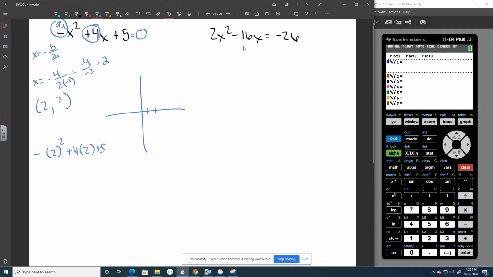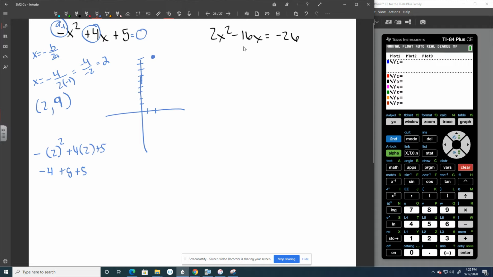So that gives me 2 squared is 4, so negative 4, plus 4 times 2 is 8 plus 5. So negative 4 plus 8 is 4 plus 5 is 9. So my y value is going to be 9. So I go over 2 and I go up 1, 2, 3, 4, 5, 6, 7, 8, 9. So this right here is my vertex.